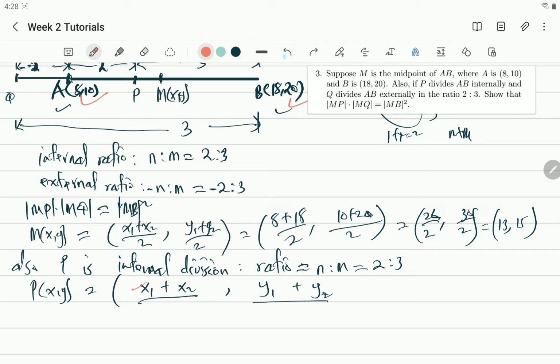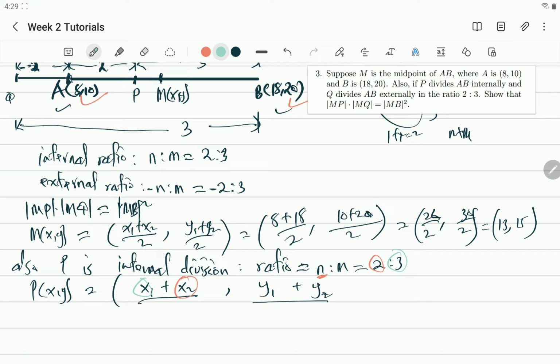Now the only trick here is that the first value of the ratio goes with the second coordinate, and the second value of the ratio goes with the first coordinate.